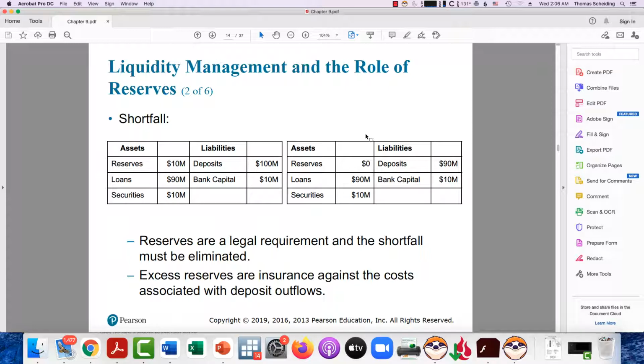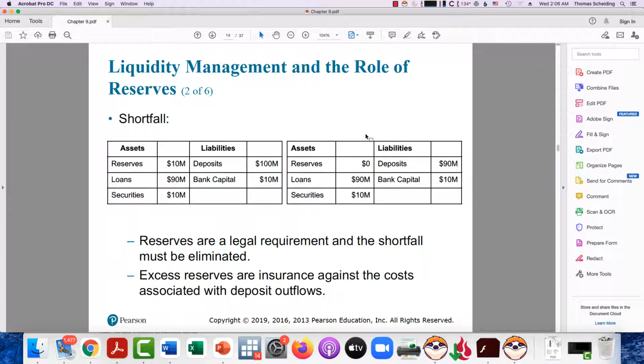Now, what if the bank ends up having a shortfall? What if it lends out too much money? Well, that's a significant problem, and you've got to resolve that quickly, because the moment you fall below the required reserves, regulators are going to come in and look at what's happening.